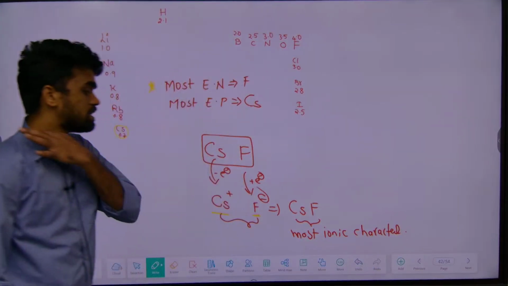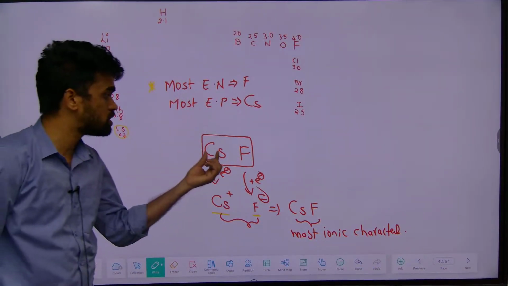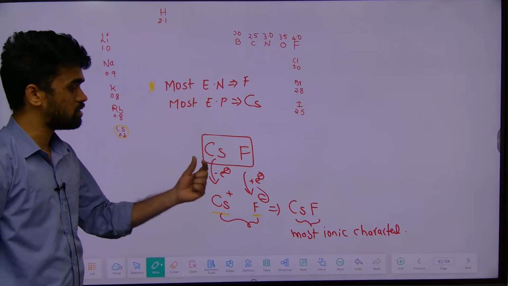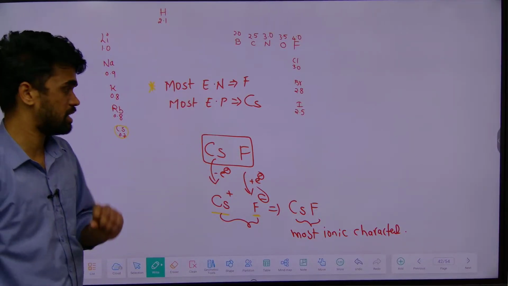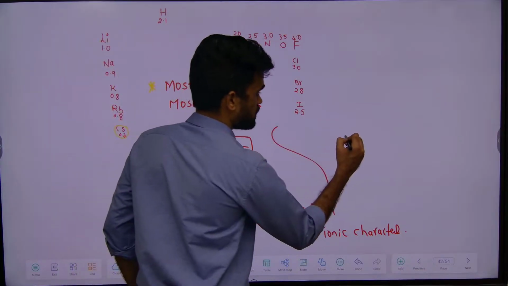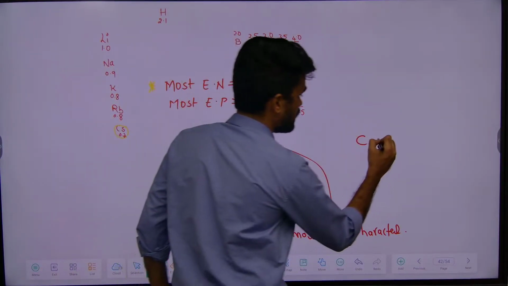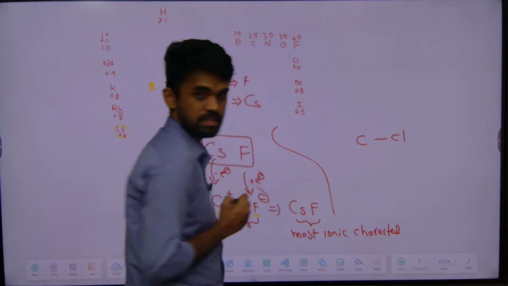Why are we saying most ionic character? There is a huge electronegativity difference, if you observe. Sir, if there is a huge electronegativity difference, why do you say ionic? Let us consider this one also. For example, carbon and chlorine.